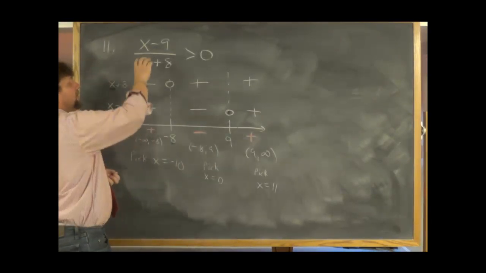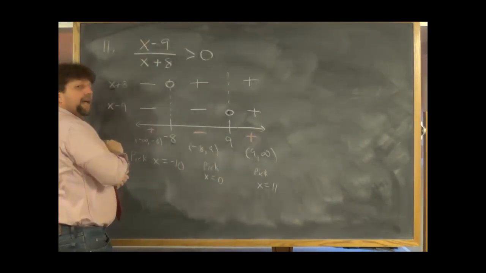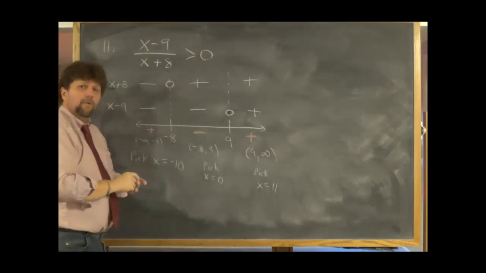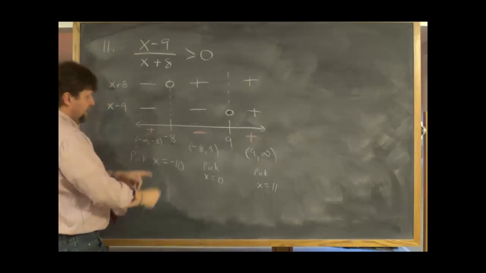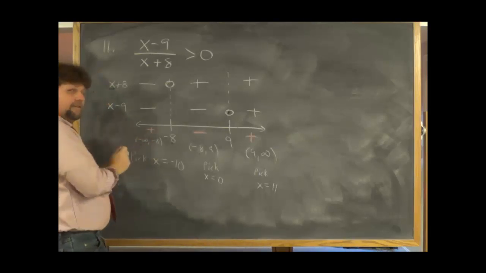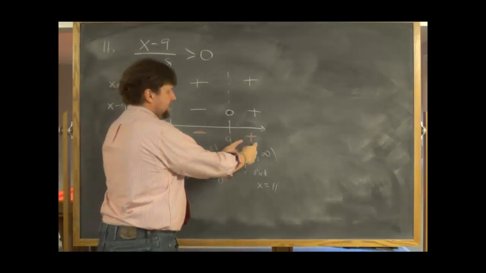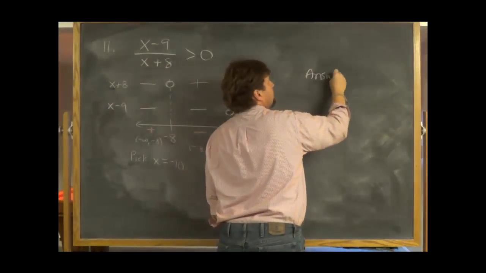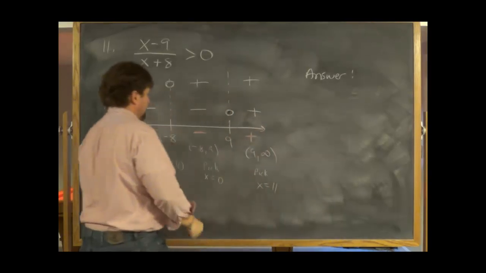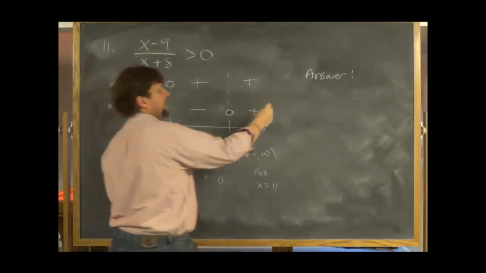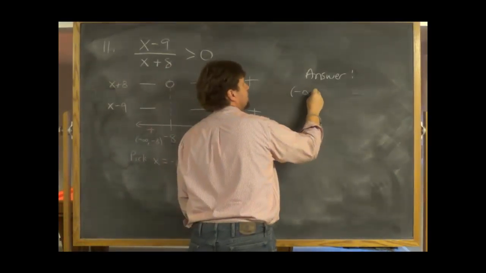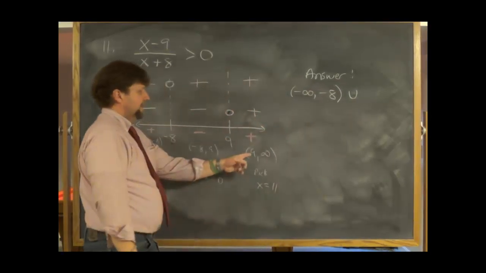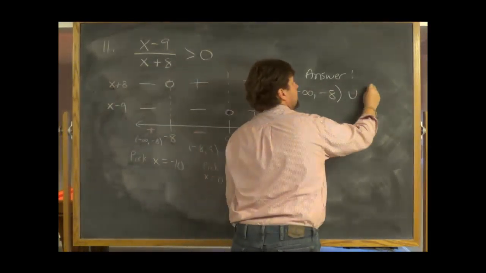I want to know when this quotient, x minus 9 over x plus 8, is greater than 0, when it is positive. It looks like it's positive on this interval, and it's positive on that interval. So my answer is negative infinity to negative 8, union with 9 to infinity.